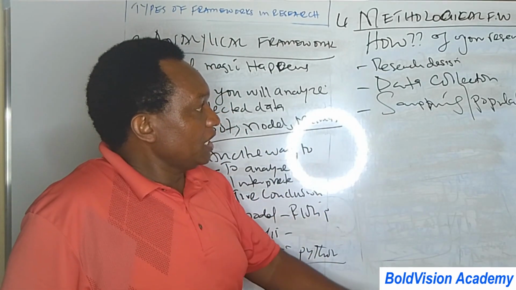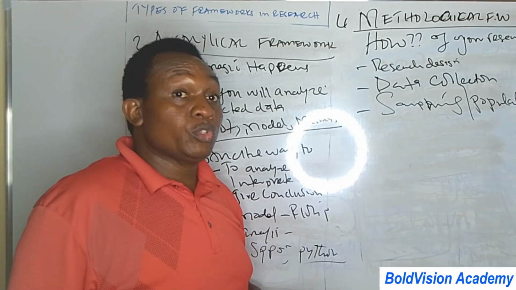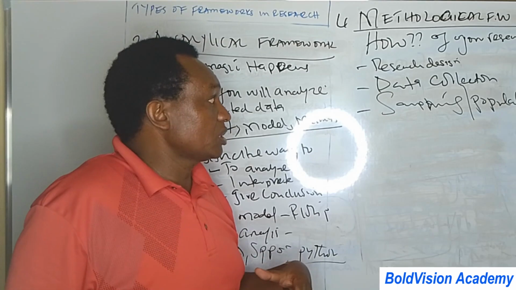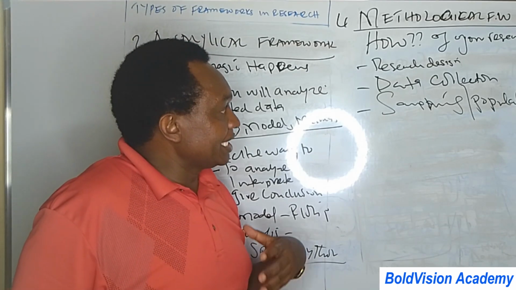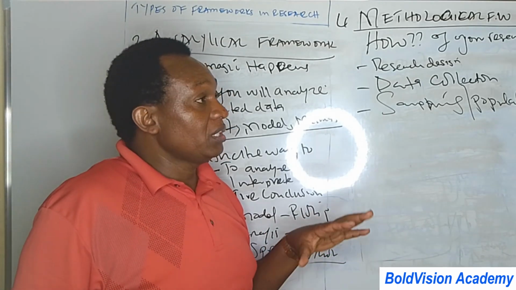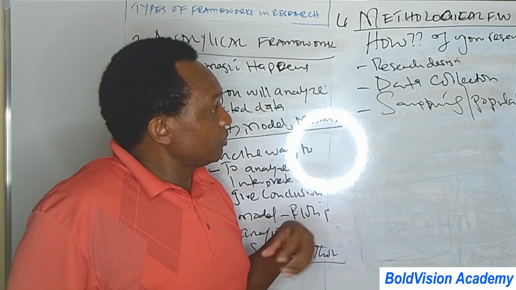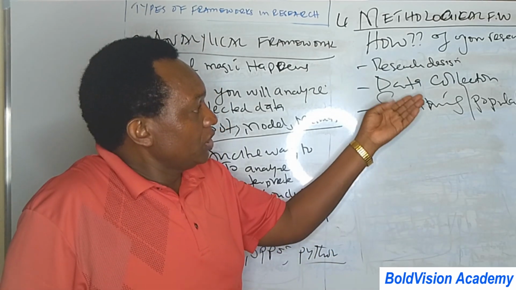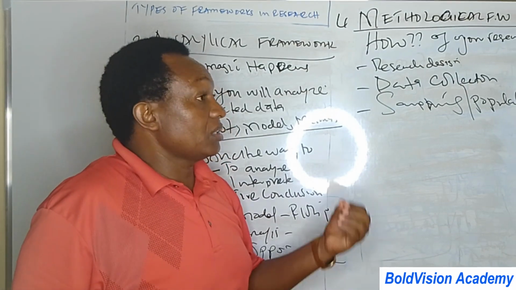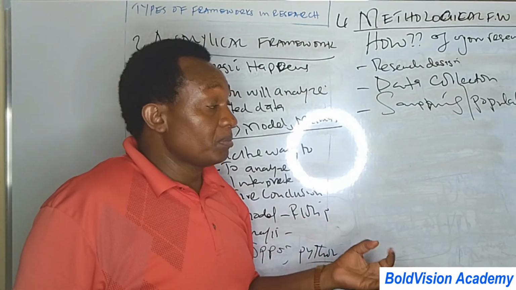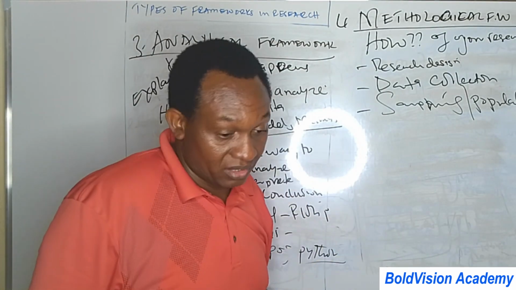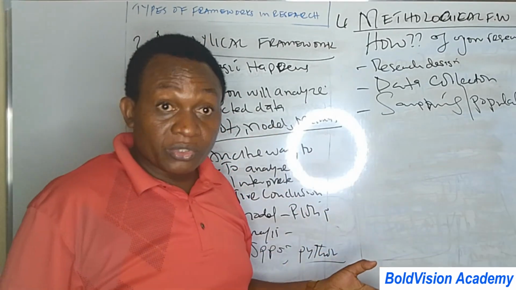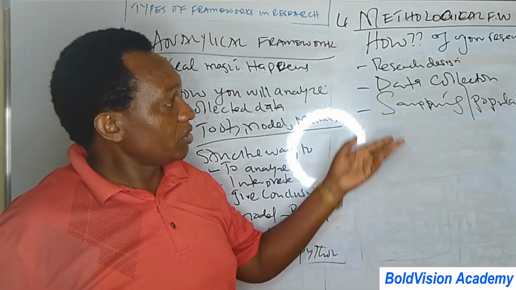If you are going to use qualitative data, the design should be based on qualitative data, not quantitative data. It helps you to know how you're going to collect the data and the tools you're going to use, whether primary or secondary data, questionnaires, interviews, observations, surveys, whatever you're going to use.